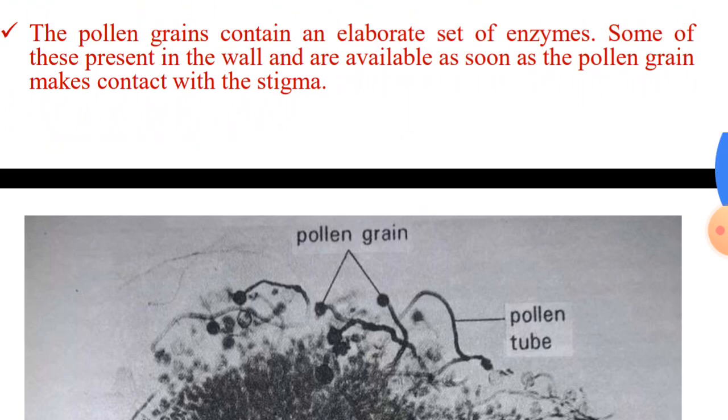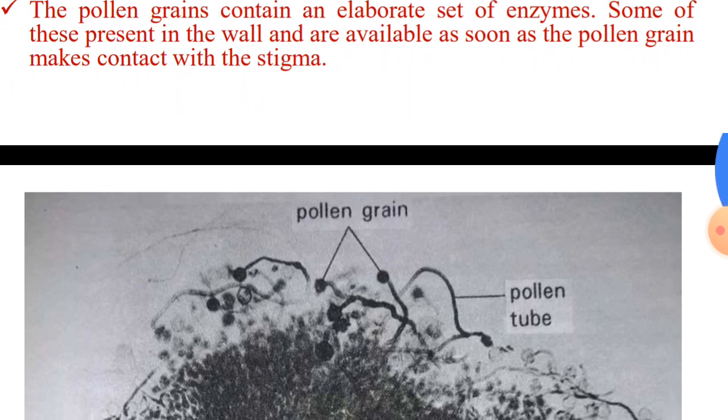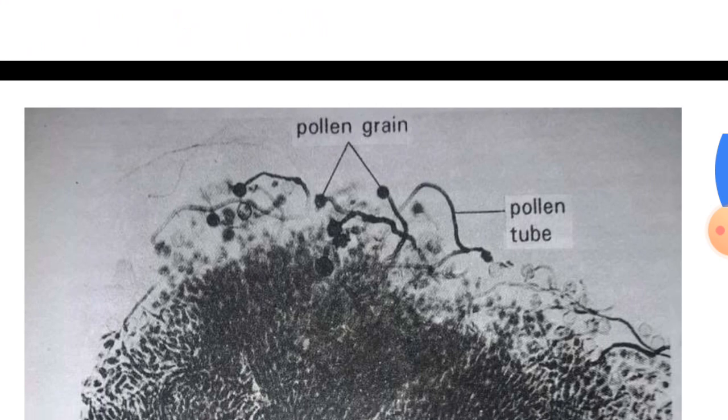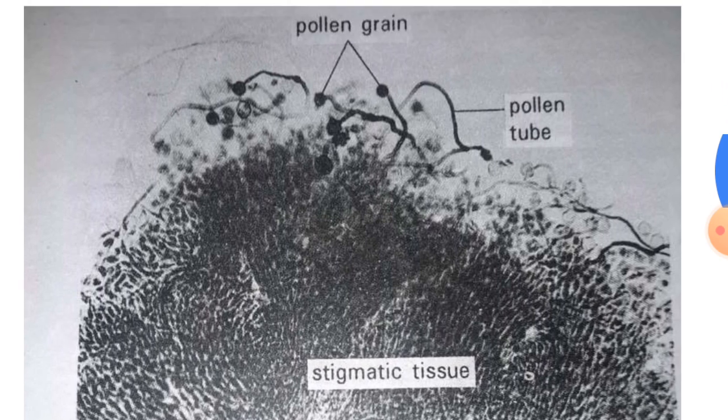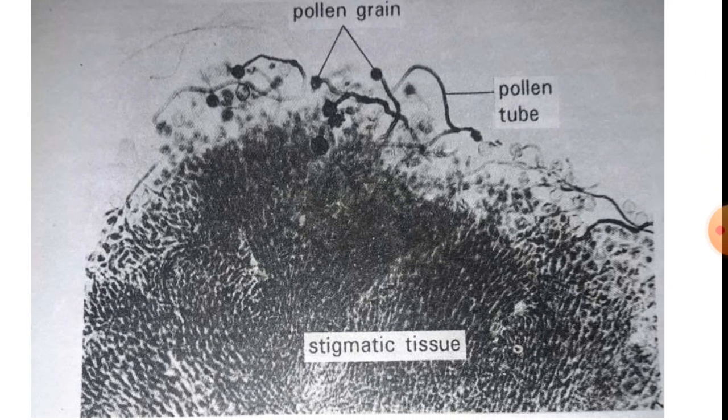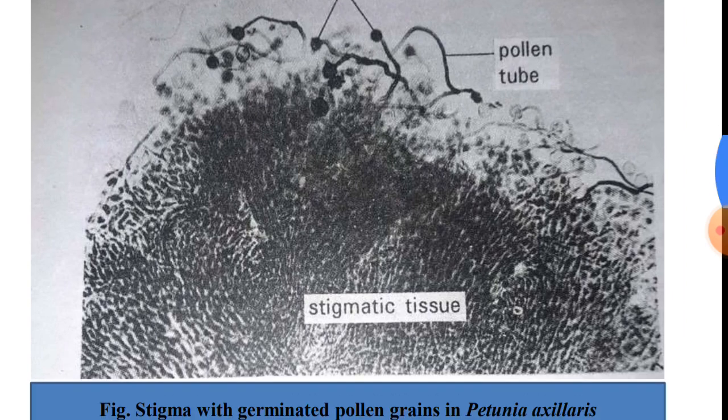The pollen grains contain an elaborate set of enzymes. Some of these are present in the wall and are available as soon as the pollen grain makes contact with the stigma. This figure is showing the pollen germination on the stigmatic surface.